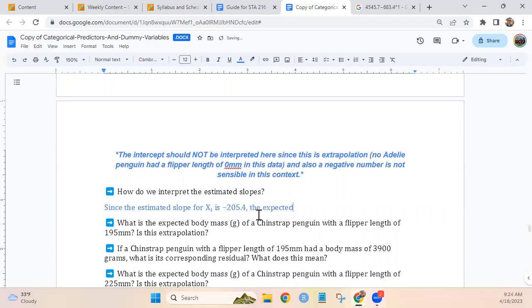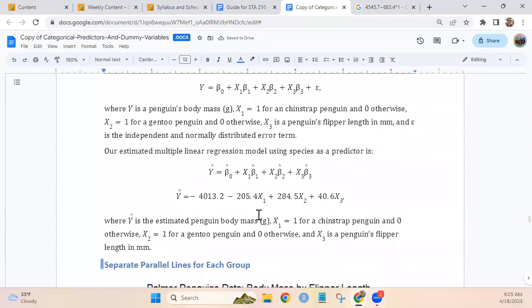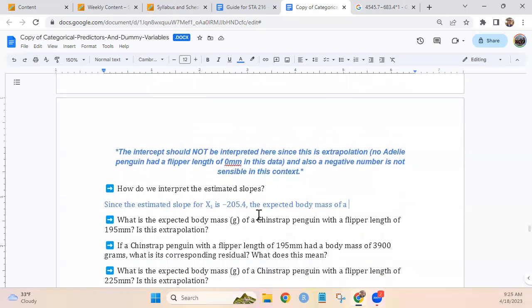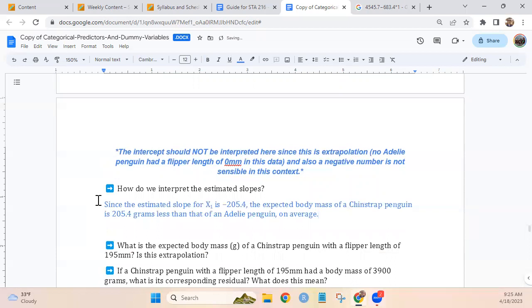The expected body mass of a... x1 was for chinstrap penguins. So the expected body mass of a chinstrap penguin is 205.4 grams less than that of an Adelie penguin on average. That's how we can interpret the first slope.